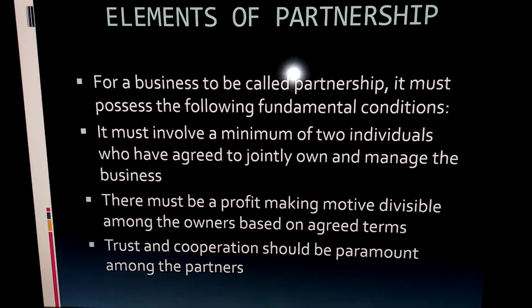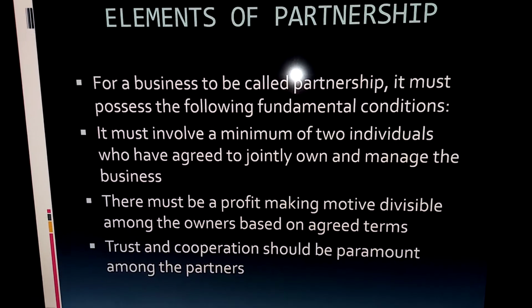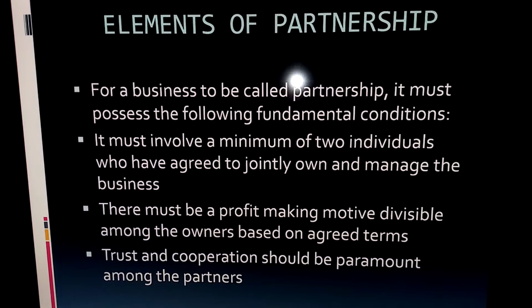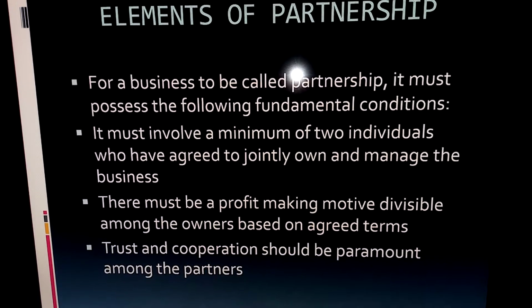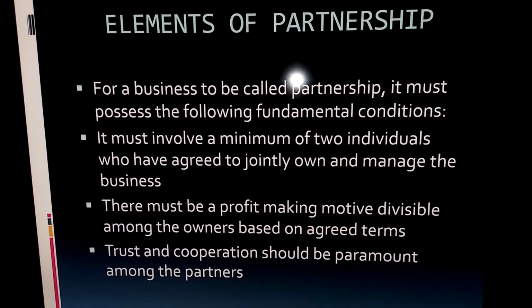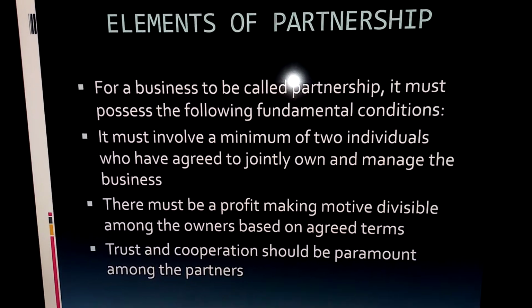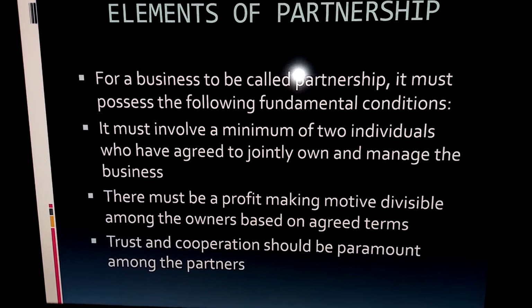So we have 2 to 20 individuals coming together to form a particular business. And then there must be a profit-making motive, with profit divided by the owners based on agreed terms. And then there must be cooperation and trust. These three are what we call the elements of partnership.